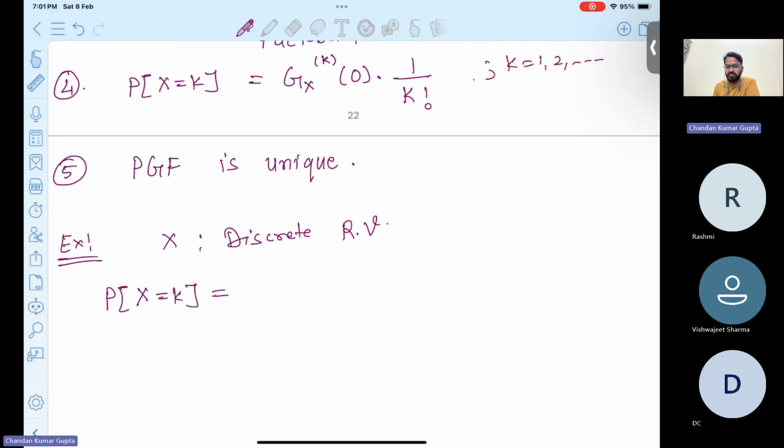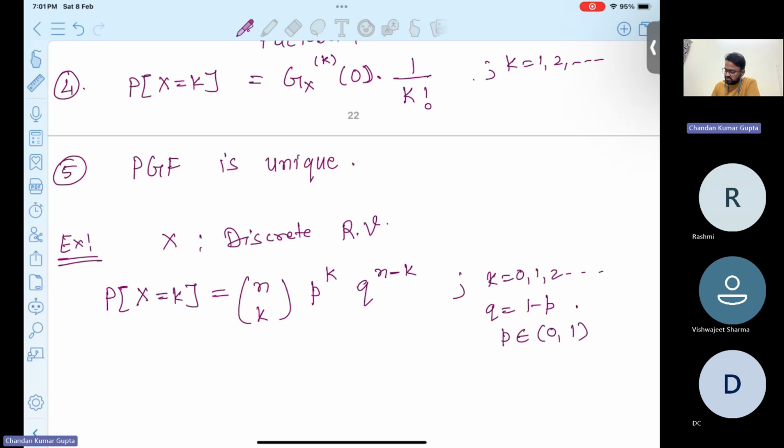We are given the probability mass function, nCk p to the power k and q to the power n minus k, here k equals 0, 1, 2, up to n, and q is nothing but 1 minus p. And p lies between 0 and 1, excluding both 0 and 1.